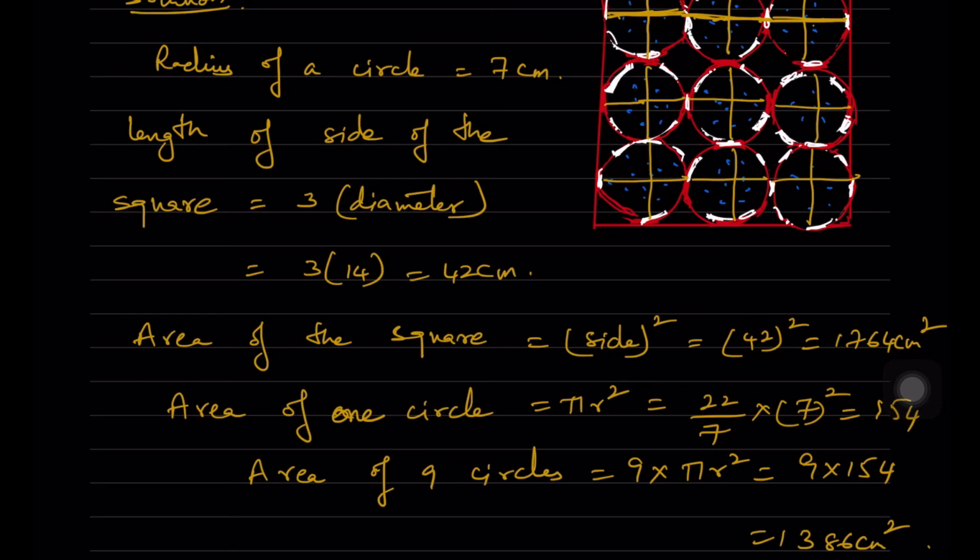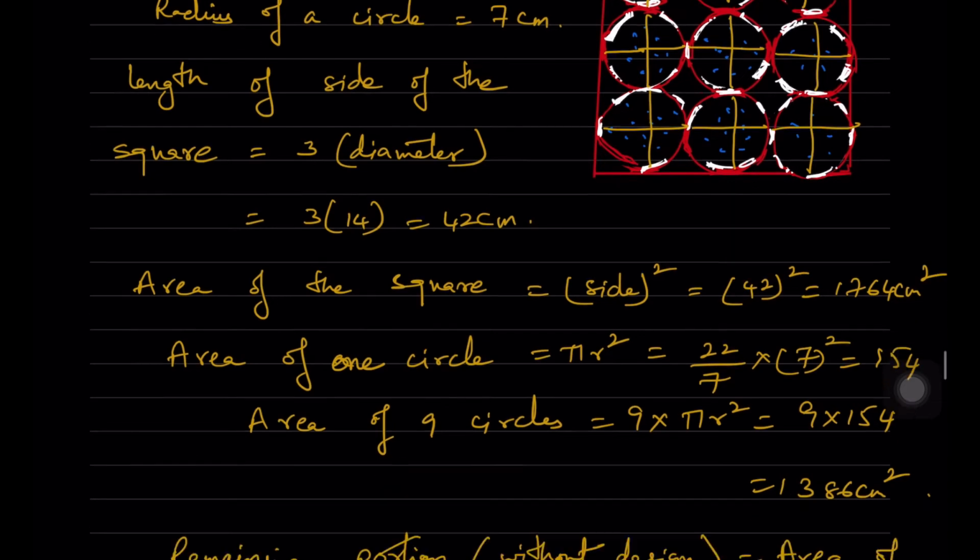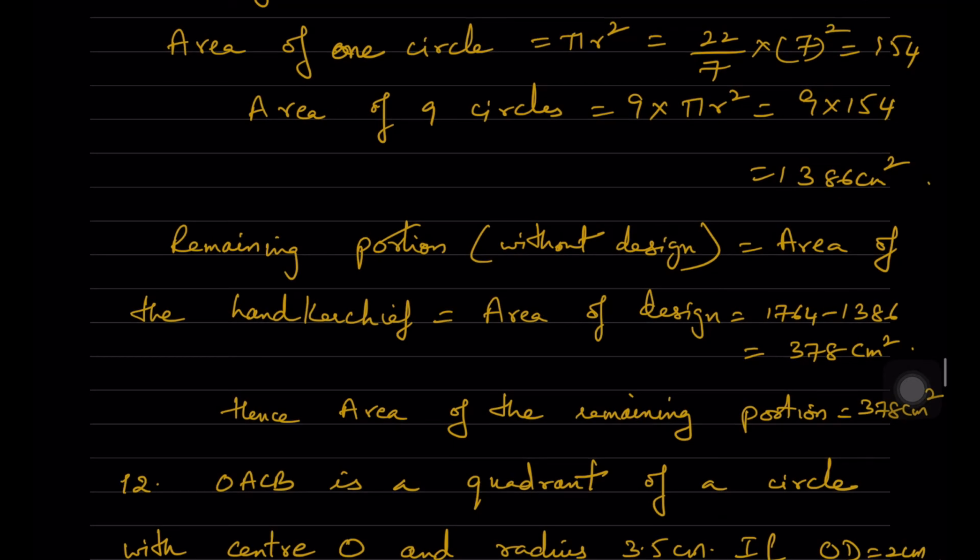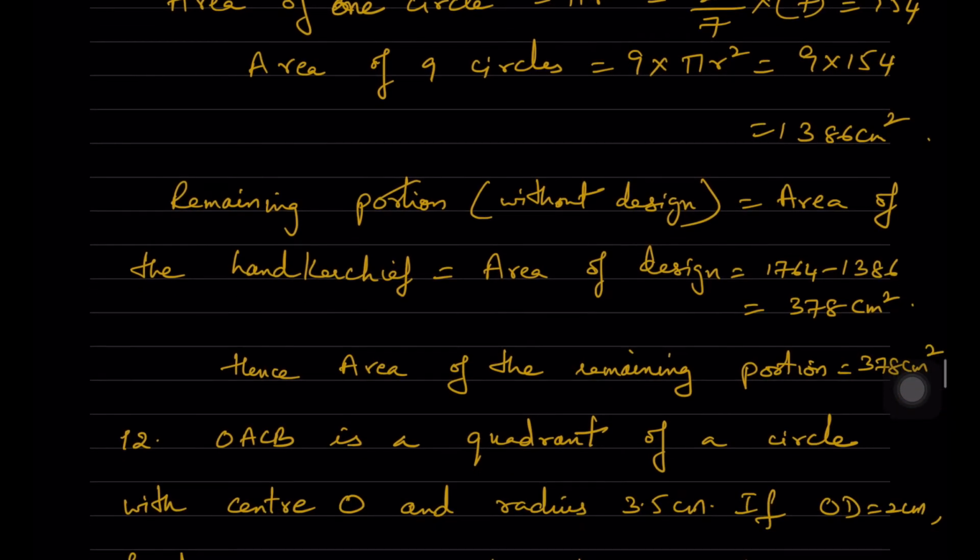So the required area is nothing but area of the square minus area of 9 circles. So the remaining portion, that is without design, is equal to area of handkerchief minus area of design, which is 1764 minus 1386, which is equal to 378 centimeters square. So hence the area of the remaining portion is 378 centimeter square.